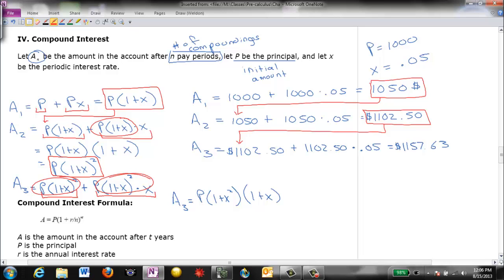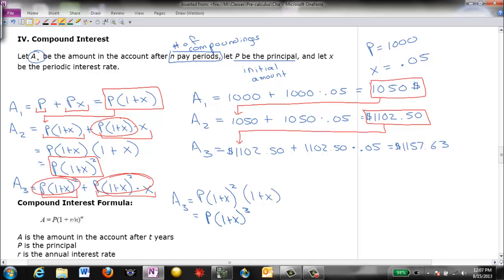Okay? And then I can clean that up just a little bit more. And I have that squared in the wrong place. Sorry about that. That squared should be on the outside. So since I have a (1 plus x) quantity squared and another (1 plus x), I can rewrite that as P times (1 plus x) cubed.